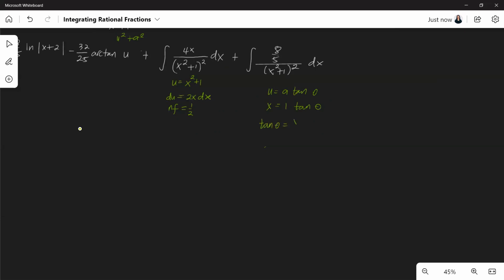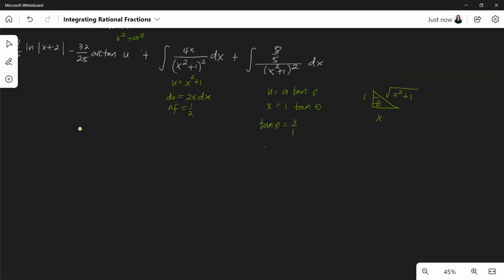So if we're going to draw the triangle, tangent of theta means opposite over adjacent. Opposite side is x, adjacent side is 1. So the hypotenuse is square root of x squared plus 1.